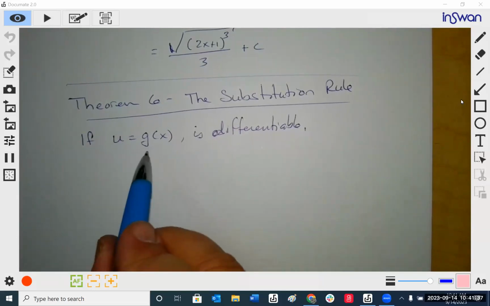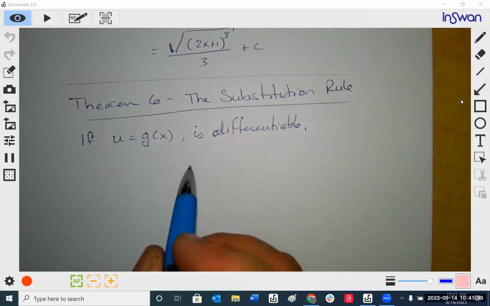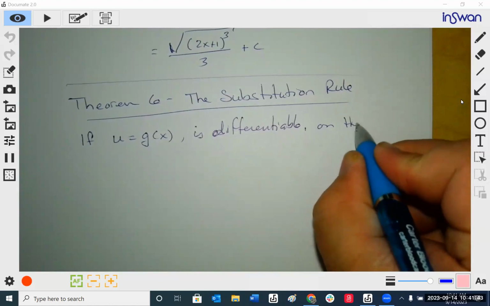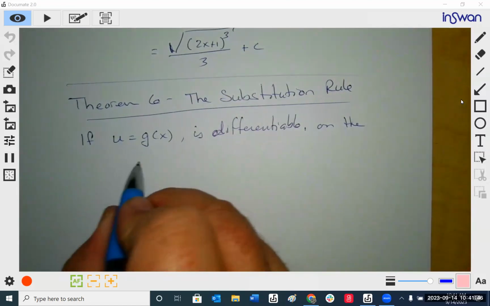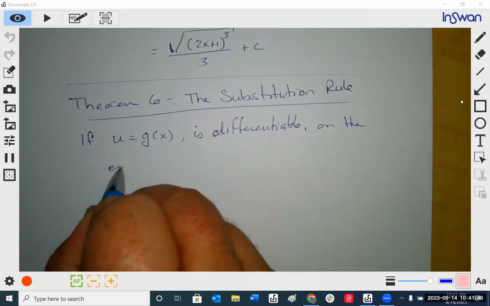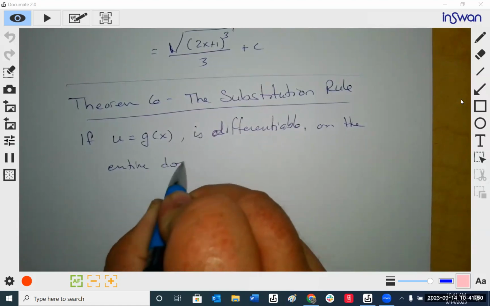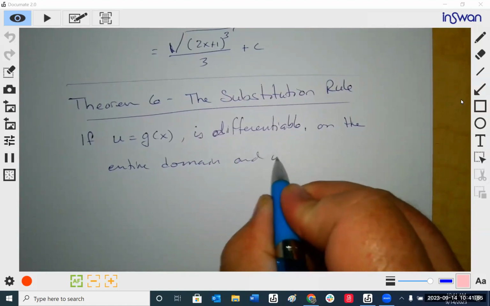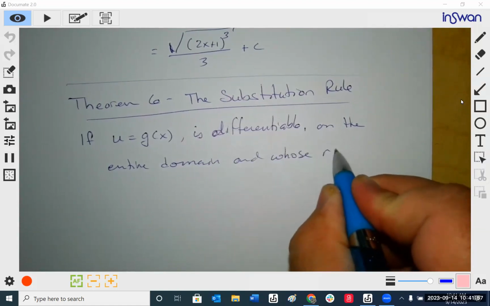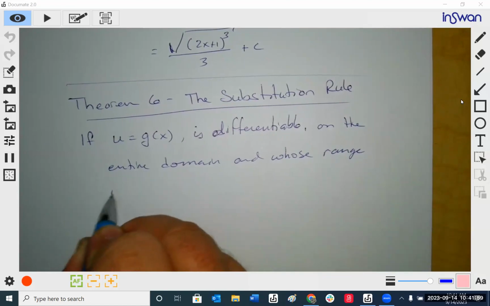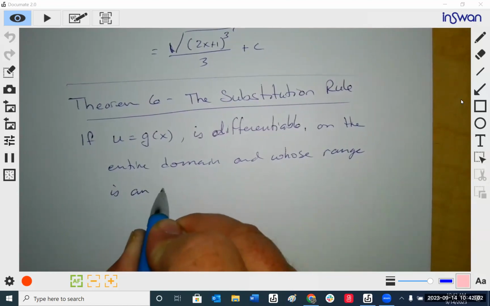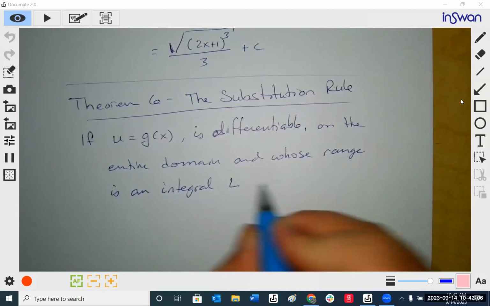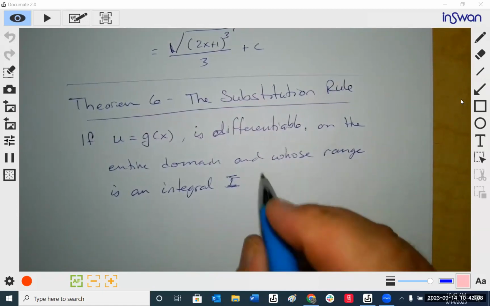So if u equals g of x is differentiable on the entire domain, and whose range is an interval I.